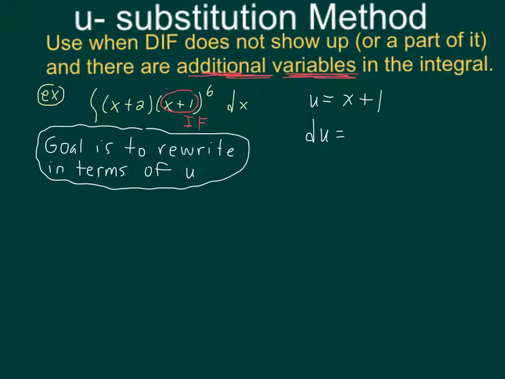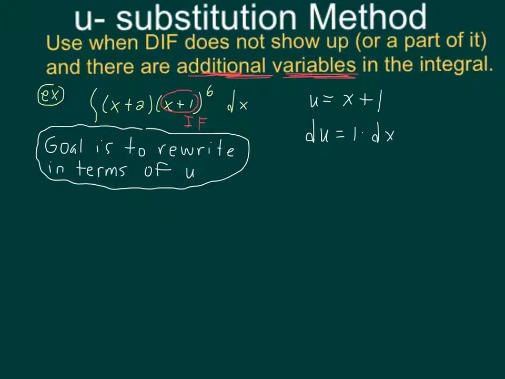Technically it's times 1, but we just say du. Think of that as us taking the derivative of that left-hand side. Now, if we take the derivative of the right-hand side, x plus 1, we know that the derivative of x is just going to be 1, and the derivative of 1 is going to be 0. So we really have 1 times what we call dx. That's basically saying we just took the derivative of an expression where x is the independent variable.